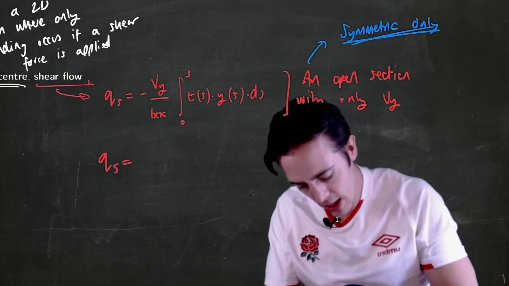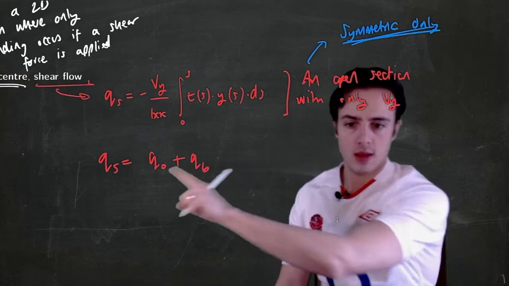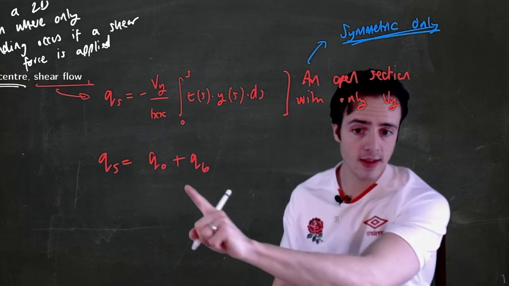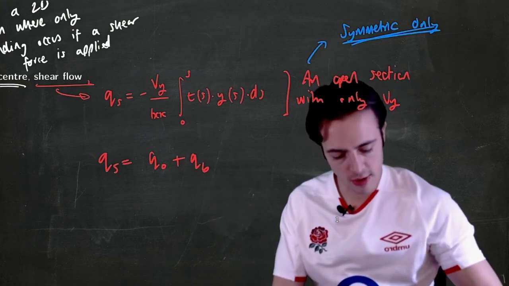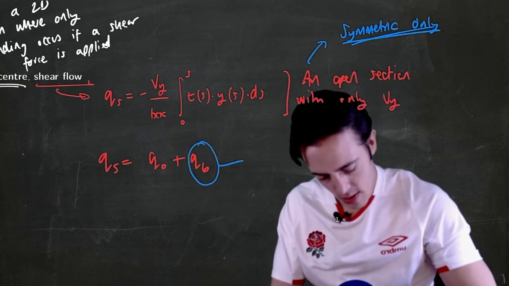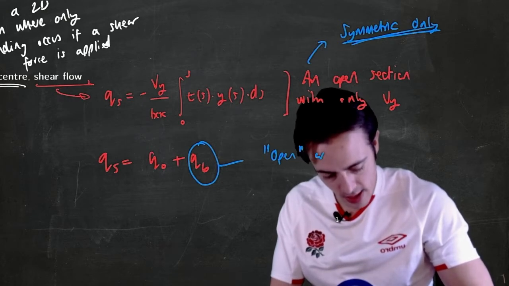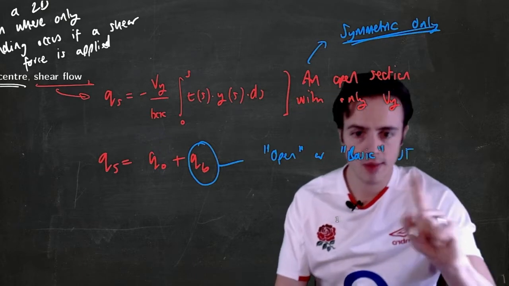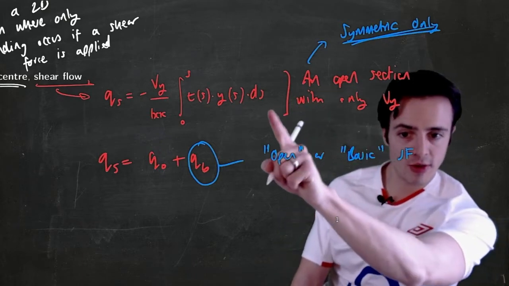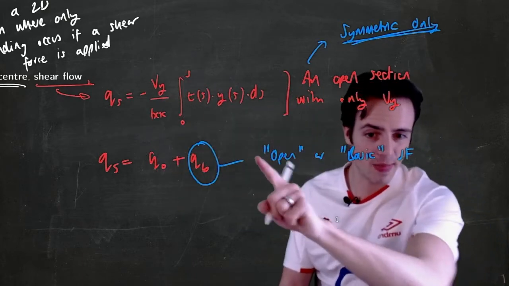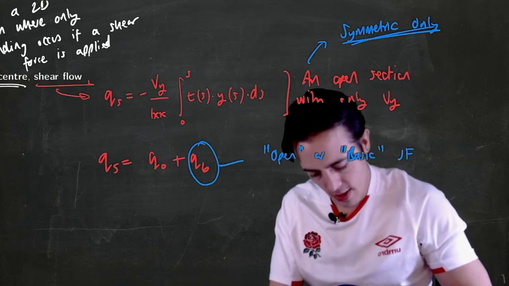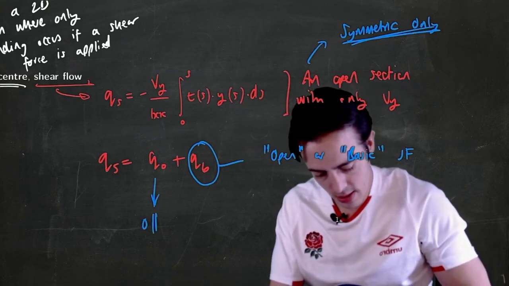And then we said for a closed section, the shear flow is equal to the basic shear flow distribution plus some offset. So this would be the open or basic distribution, equal to the open shear flow expression up here, and then this is an offset to be determined.